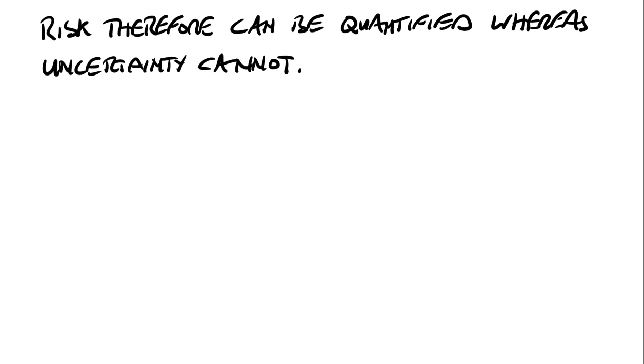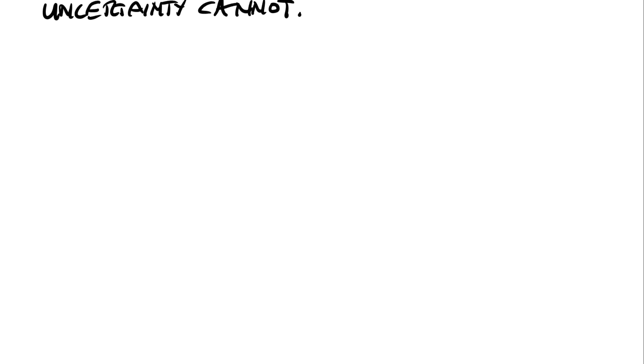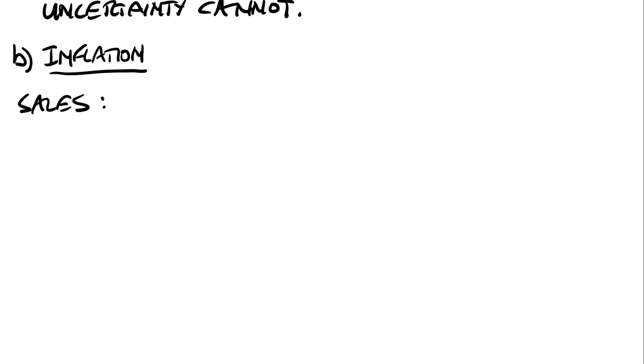So we did part A, we're now moving on to part B. And we'll do inflation first, and we'll start with sales. And we've got 4 years worth. So 1, 2, 3, and 4.